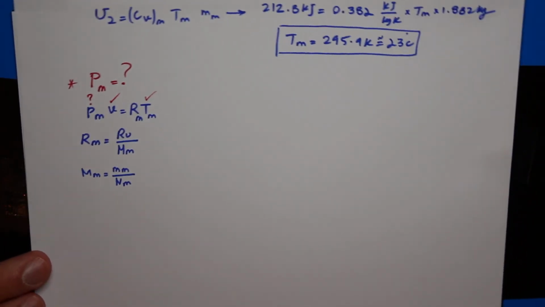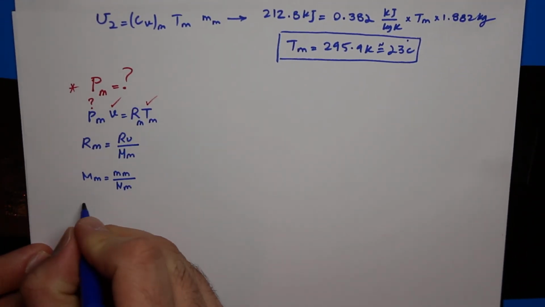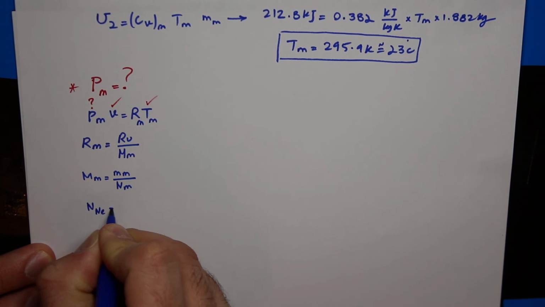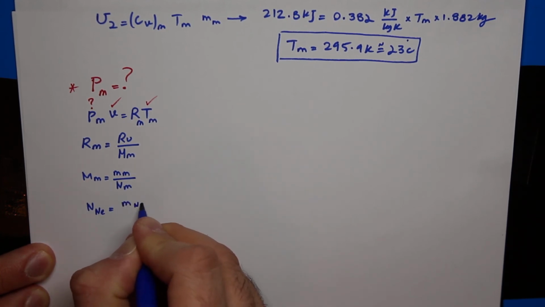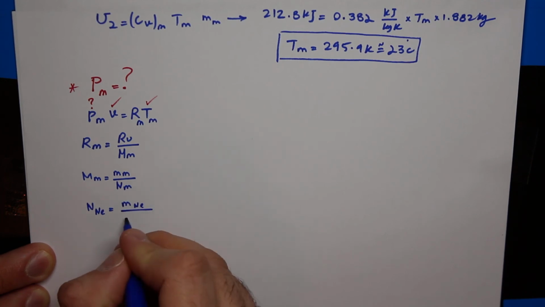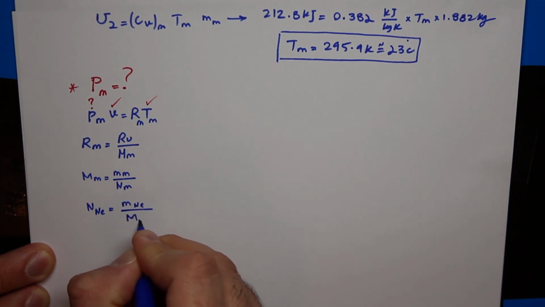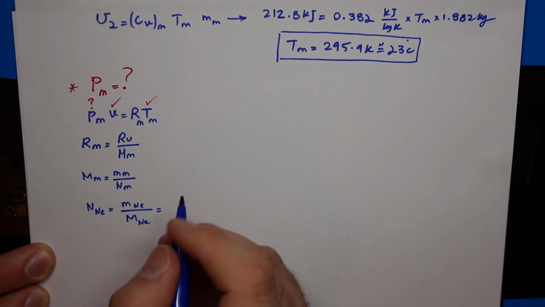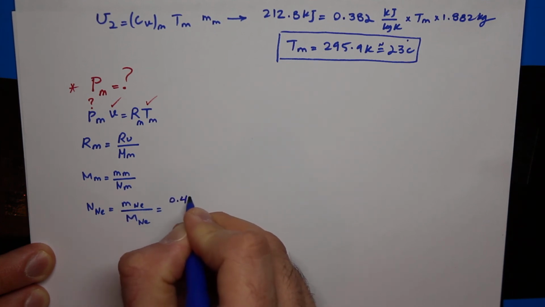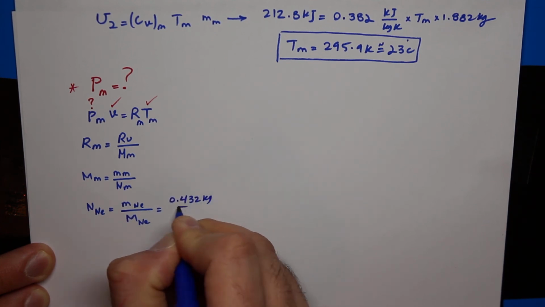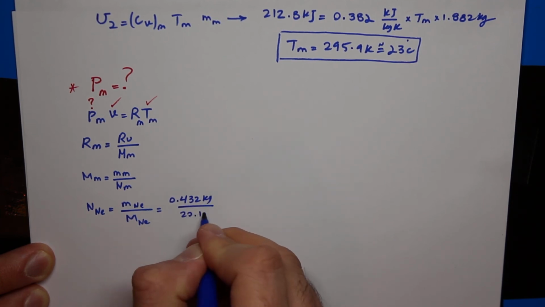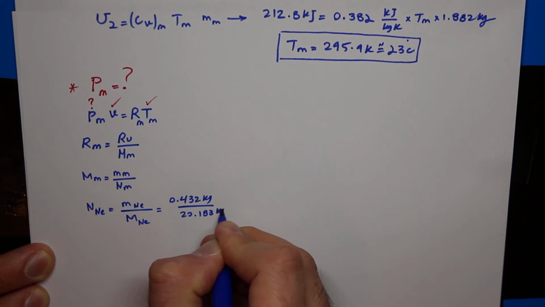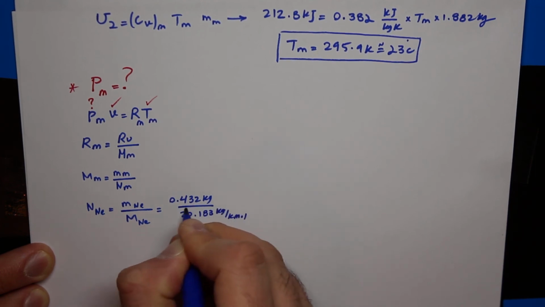So the number of moles in neon gas is going to be equal to the mass of neon over the molar mass of neon. So the mass of neon, we obtained that, 0.432 kilogram, and the molar mass for that is 20.183 kilogram per kilomole.